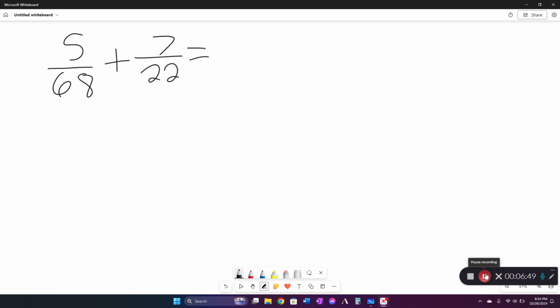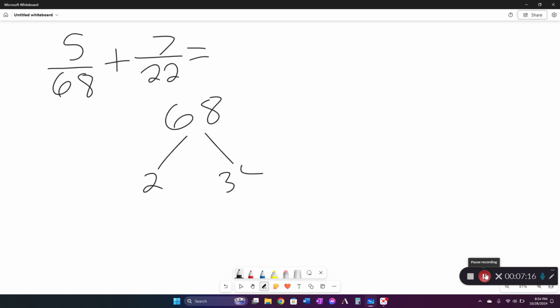This next example problem was actually a homework problem from one of our viewers. So it's 5/68 plus 7/22. First thing we've got to do is find the lowest common multiple of 68 and 22. So let's do that. 68, again, when in doubt, divide by 2.